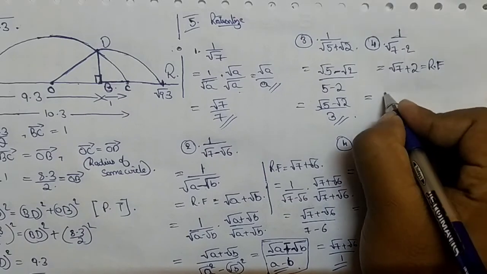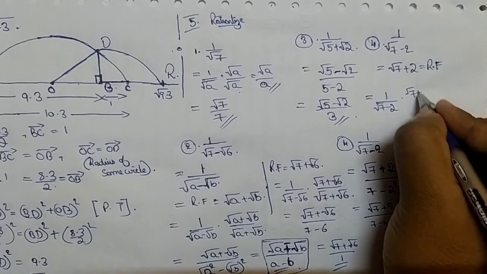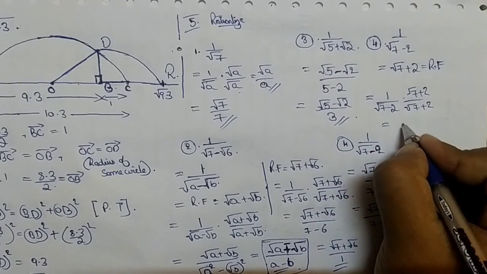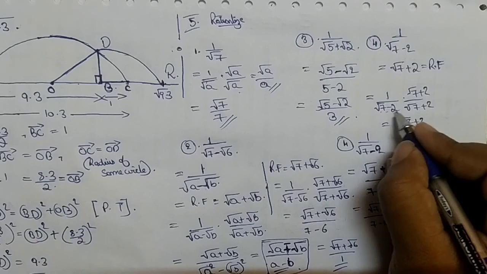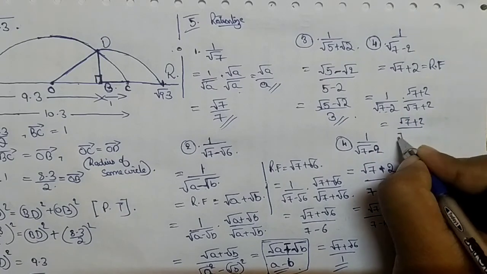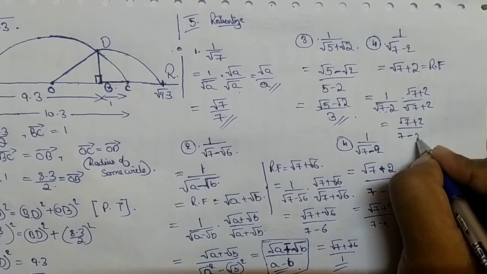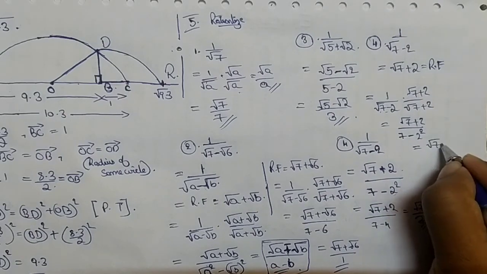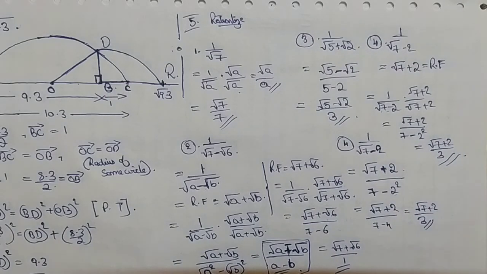Multiply the rationalizing factor. 1 divided by root 7 minus 2 into root 7 plus 2. This is root 7 plus 2 divided by a minus b into a plus b, that's a square, root 7 square, 7, minus b square. Here, since there is no square root, we need to take b square like this, and the final answer is root 7 plus 2 by 7 minus 4, 3. This is your final answer.